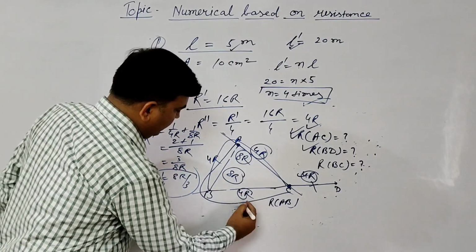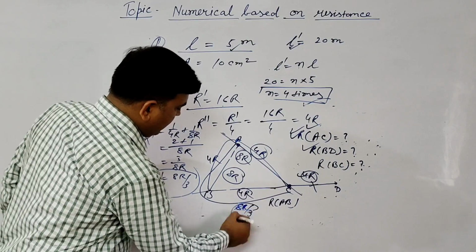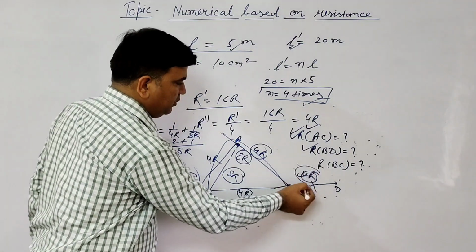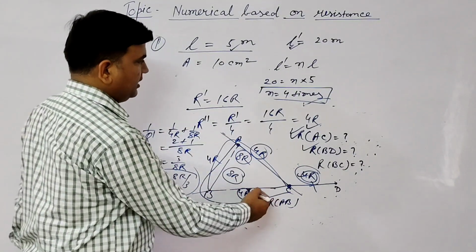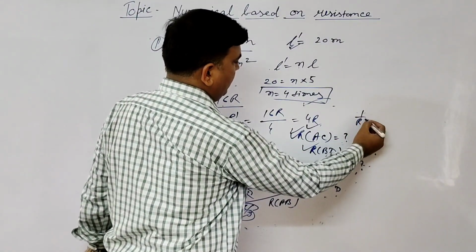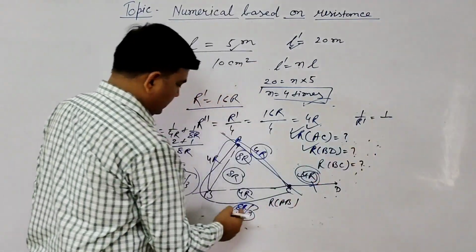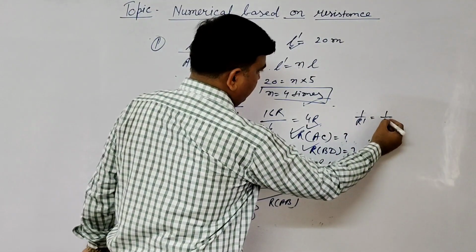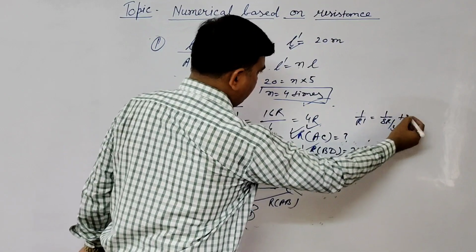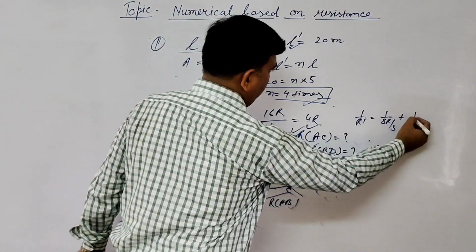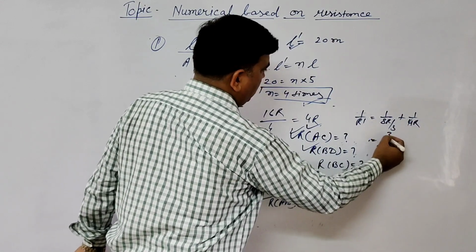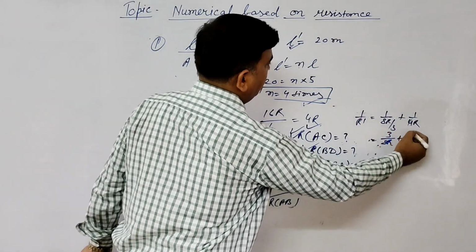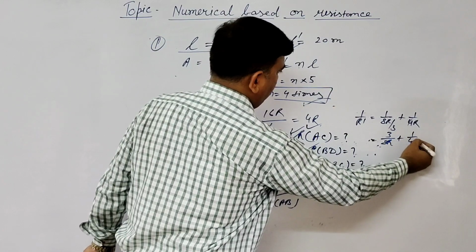8R by 3 resistance is joined with the 4R resistance in parallel combination. So now the final resistance becomes 1 by R dash equal to 1 upon 8R by 3 plus 1 by 4R, and it is equal to 3 by 8R plus 1 by 4R.